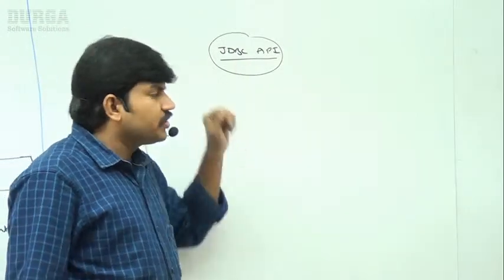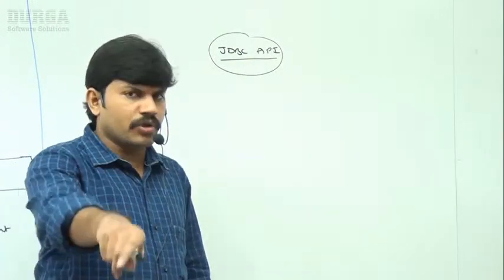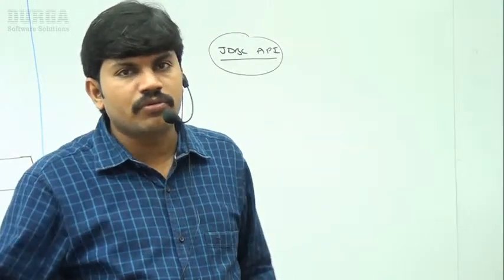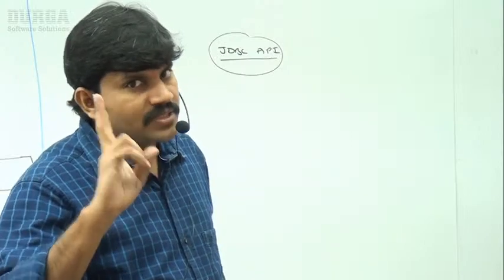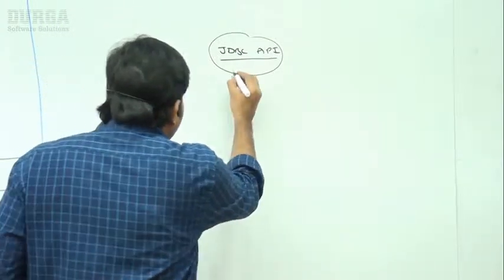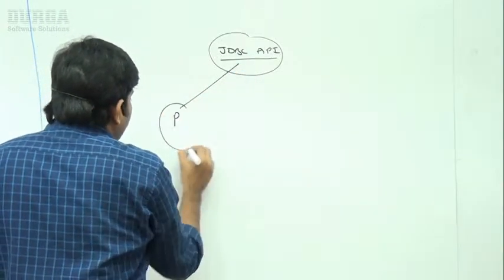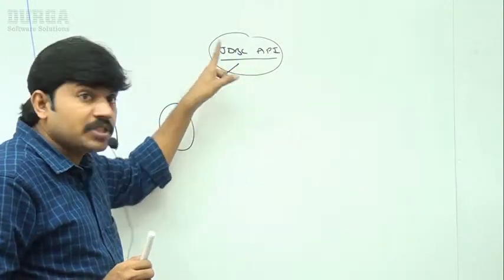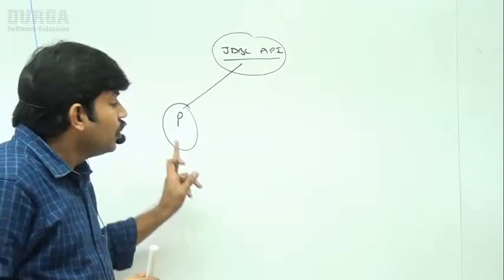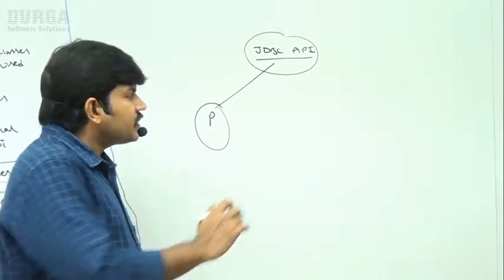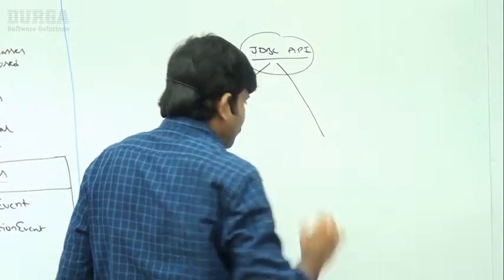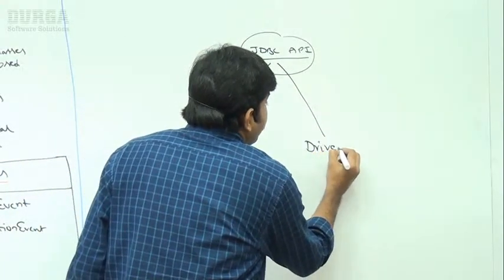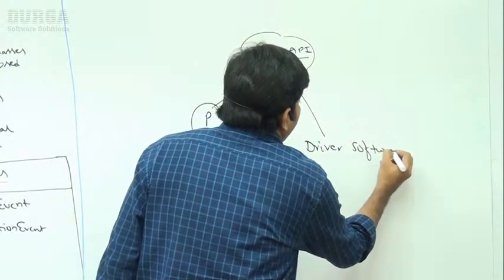Next, who is going to use this JDBC API? Who is going to use these interfaces and classes? There are two persons. One person is the programmer. The programmer can use these classes and interfaces present inside the JDBC API to communicate with the database. The other person is the driver software vendor.